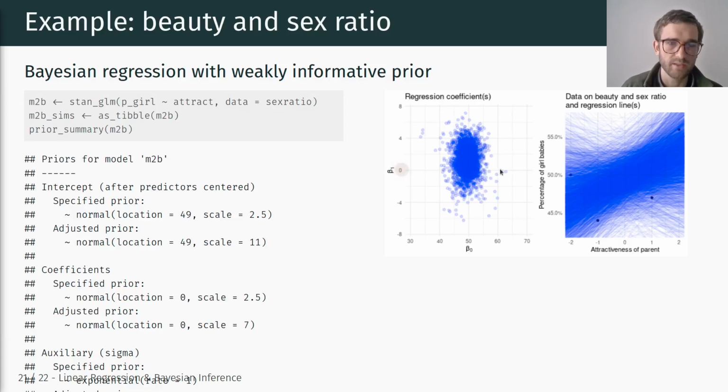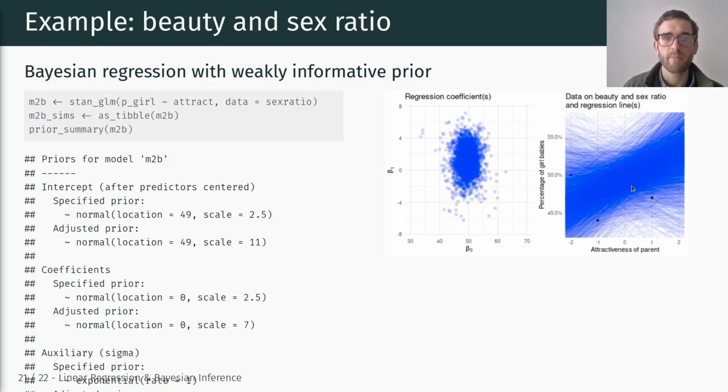We have 0 here, and quite a large variation in intercepts as well. We can again draw each and every one of those simulated regression lines, and we see they're basically all over the place. So there's a lot of uncertainty around our estimates.